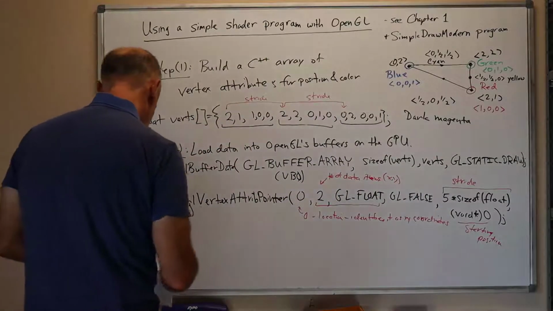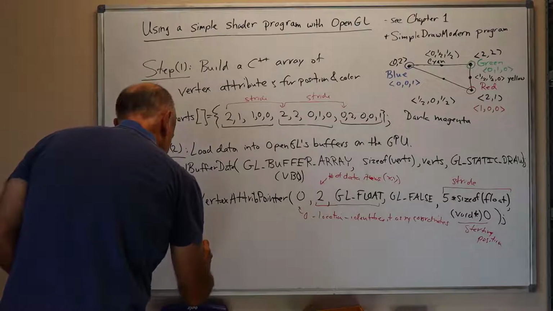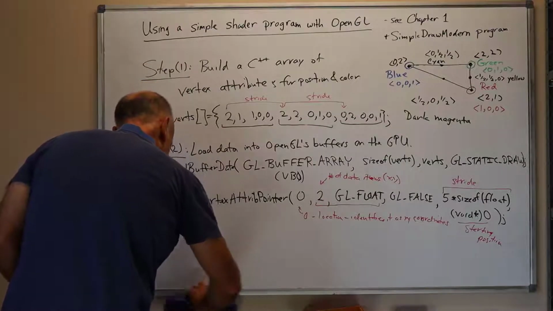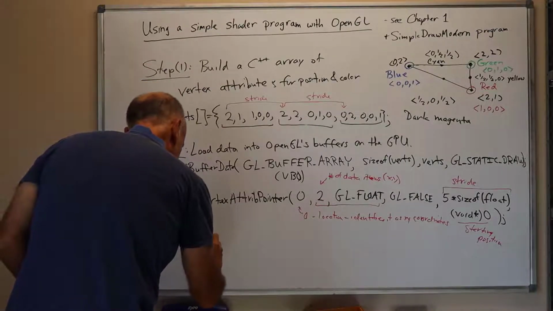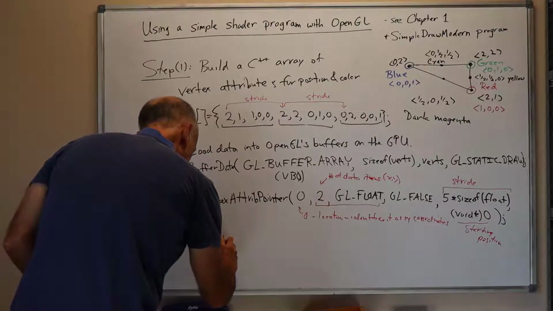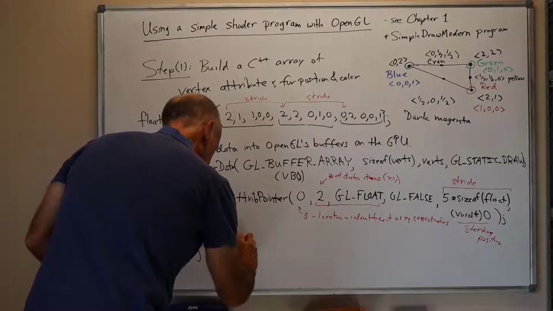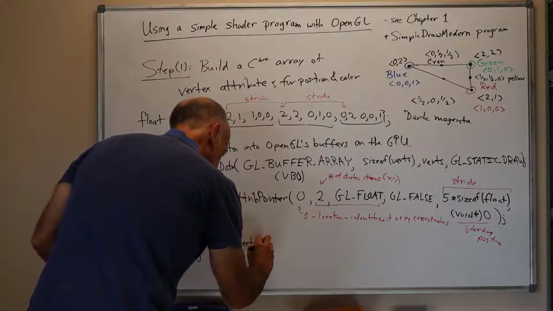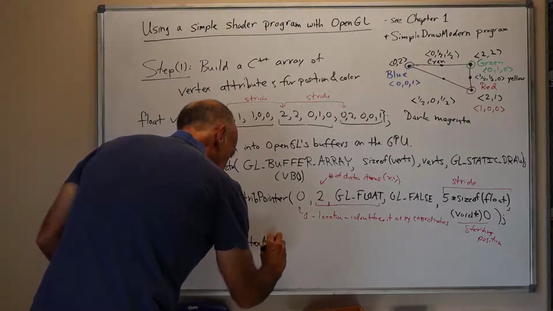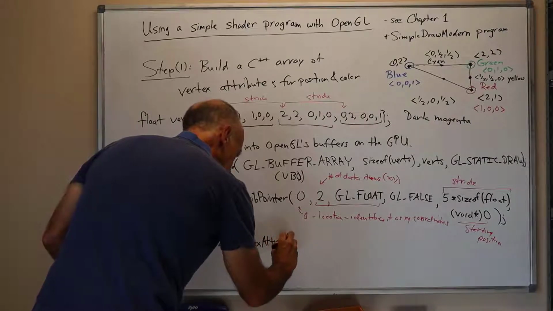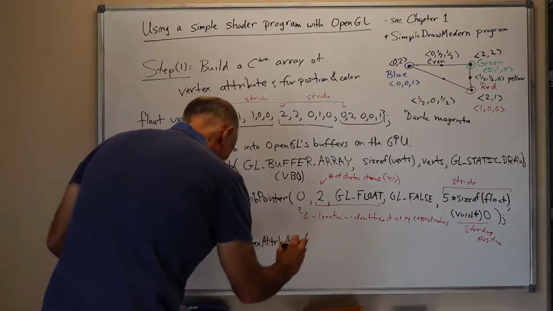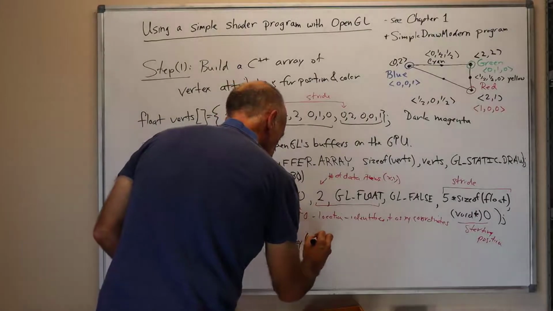And then we also have to turn this on, so we need another command. So we say glEnableVertexAttribArray 0.